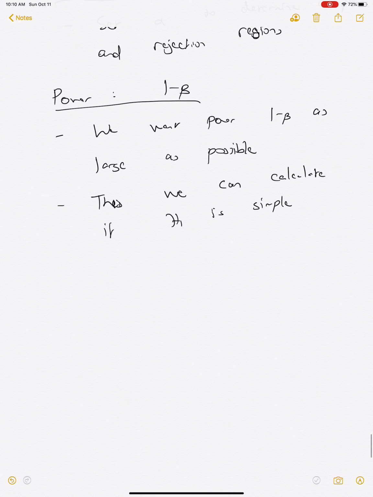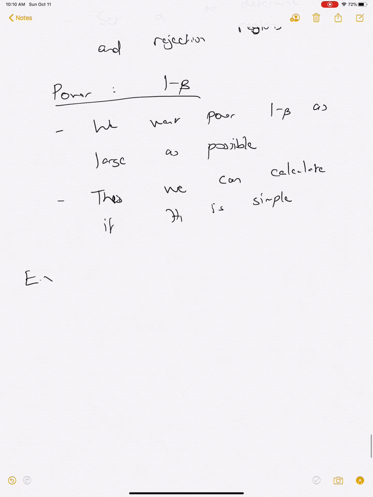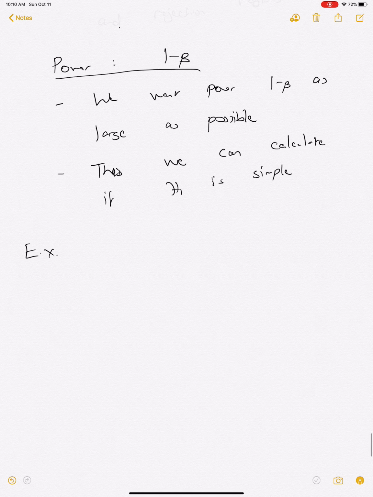So to take a concrete example again, if we go back to the voting example, the reason why we need H1 to be simple is that a simple hypothesis means you can determine the distribution of the test statistic given that hypothesis is true.